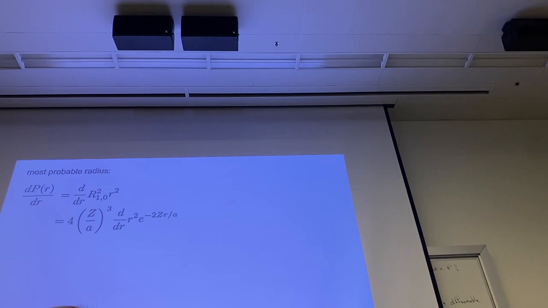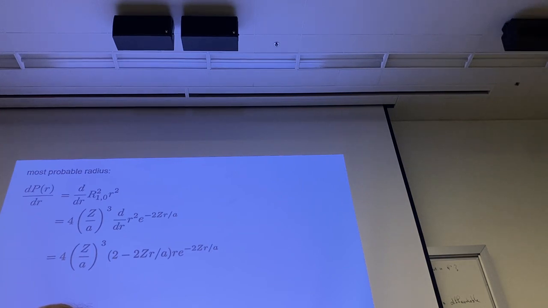If you do that, you find this: bunch of prefactors, then something that says 2 minus 2zr over a, and then r times this decaying exponential. This thing is 0, because I'm trying to find the maximum.